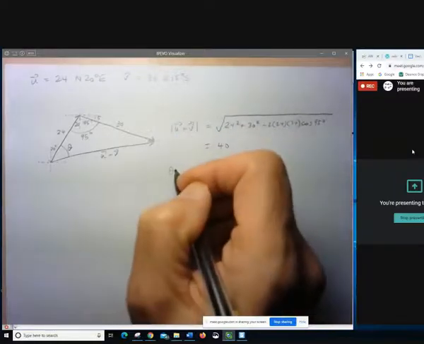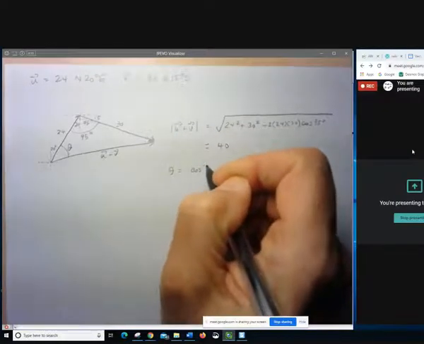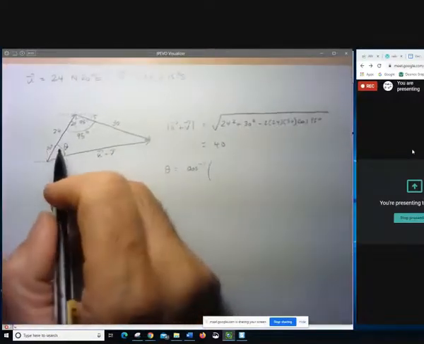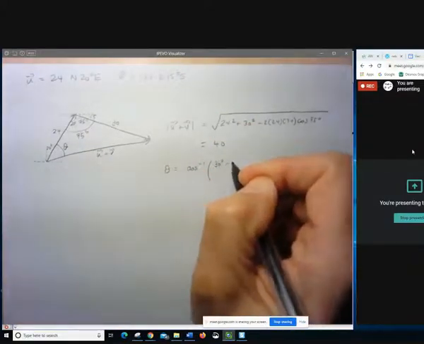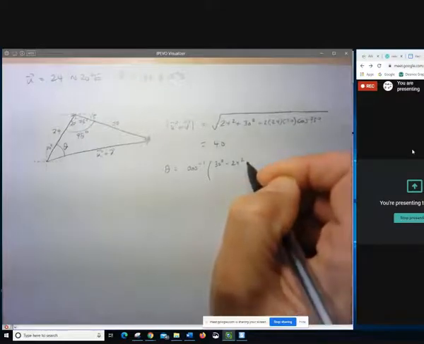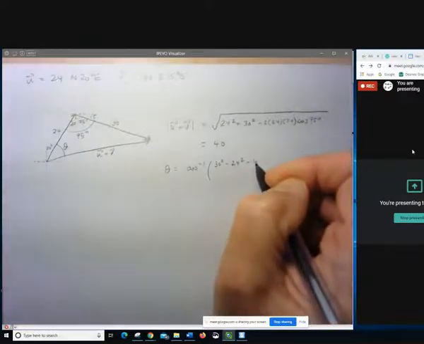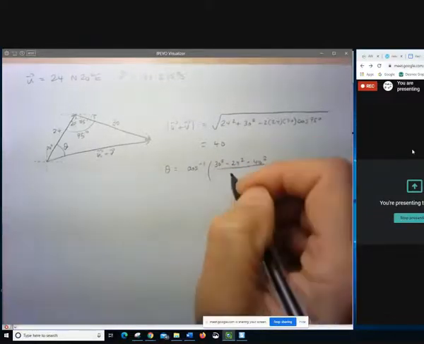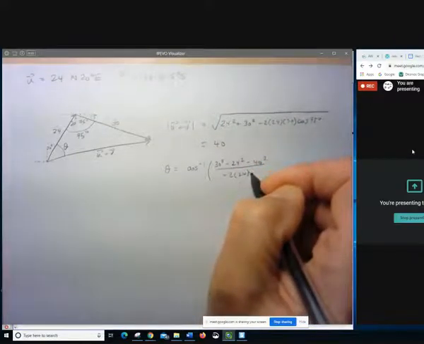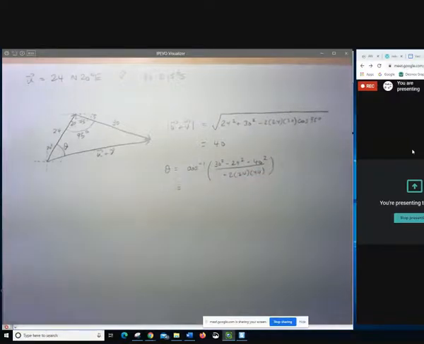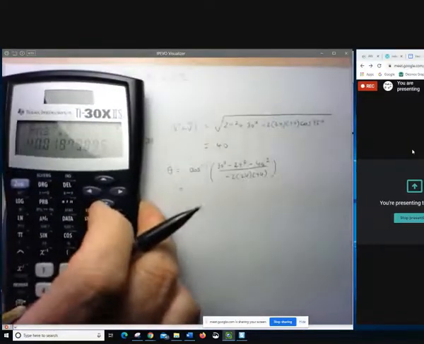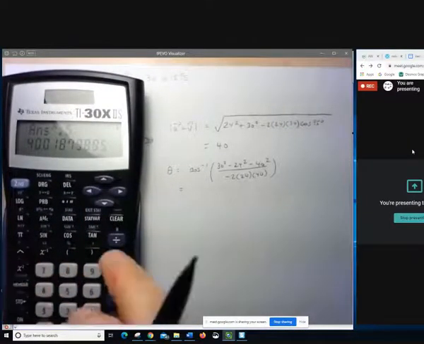Okay, so here my theta is cos inverse of. So if I'm looking for this angle, I'm going to start with that opposite side. So 30 squared, then subtract the other two sides squared. Then divided by -2 times those other two sides. And especially when you get adept at using cosine law, it's not even really that much longer.